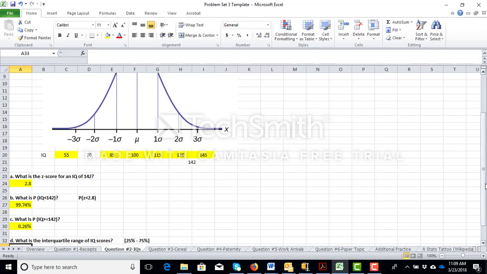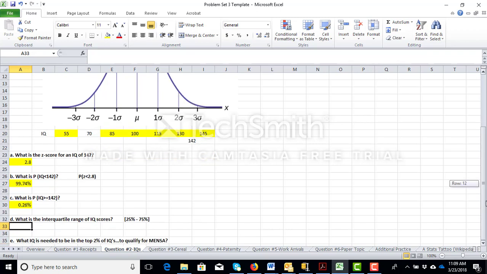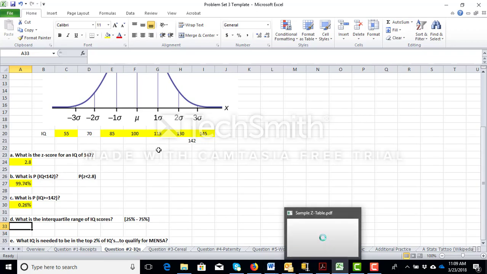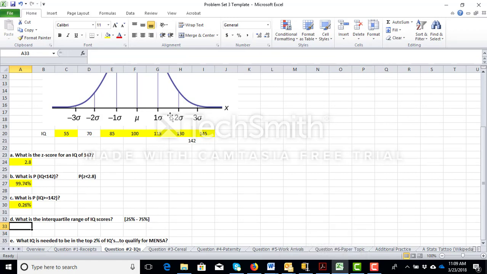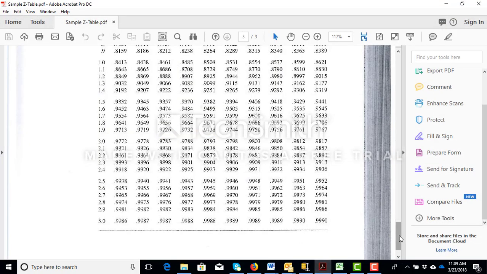What we want to do is figure out where exactly that is. If I want to get the z-score showing us this 75%, it means picking a z-value where 75% of the data would be to the left of that z-value. I'll go to the z-table and I'll look for a percentage that is 75%.